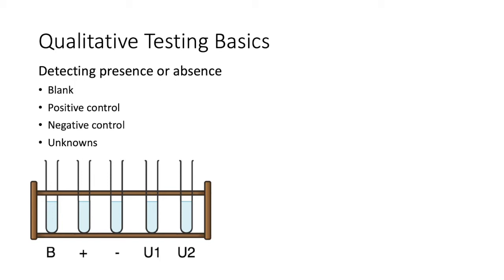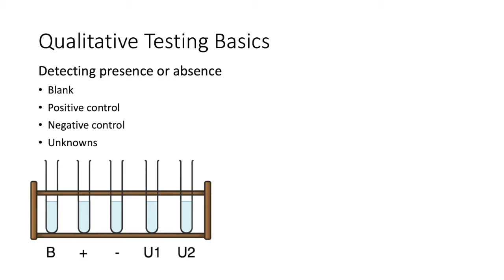So you can see what a result will look like if the chemical you're testing for is not present. And finally, the unknowns are samples that contain a chemical that you want to test for the presence or absence of some substance. So, any qualitative test that you run should have 4 samples: a blank, a positive, a negative, and an unknown.